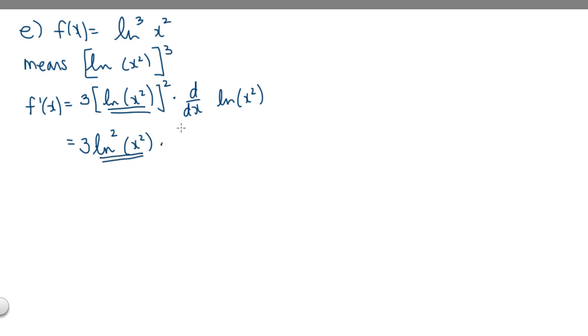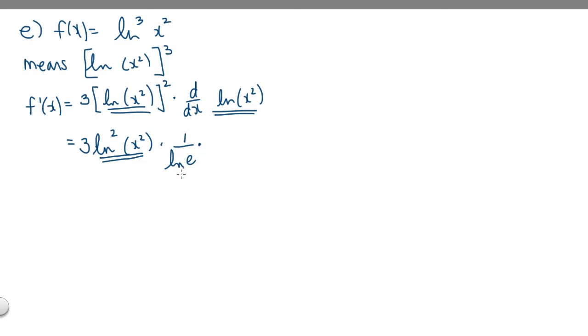But now what we really need to work on is finding the derivative of this function here, the ln of x squared. Well, according to the chain rule, it's going to be 1 over ln of e, and if you already remember that's 1, then we don't really need to write that down.